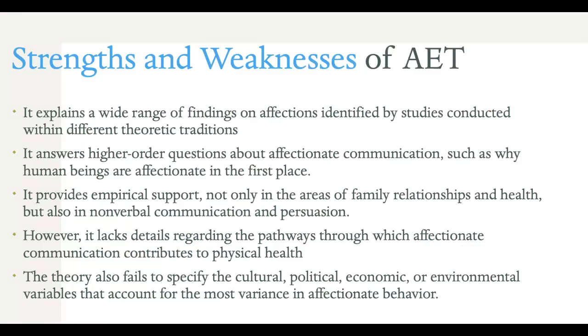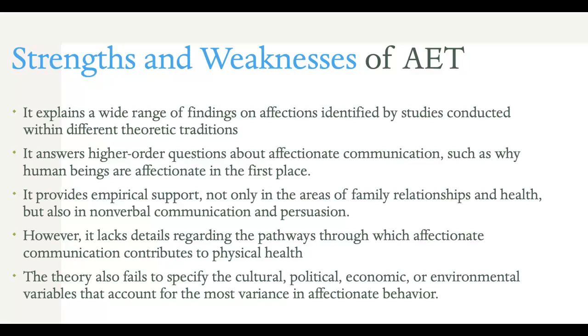Now, the last part of our discussion about affection exchange theory is strengths and weaknesses. So here, as the book chapter discusses, there are three strengths that we're going to cover. The first one is that it explains a wide range of findings on affection identified by studies conducted within different theoretical traditions.